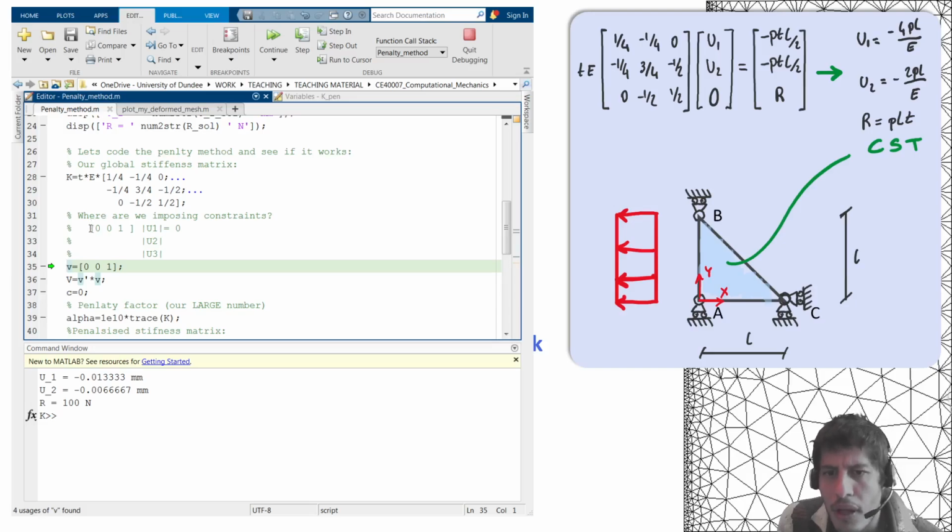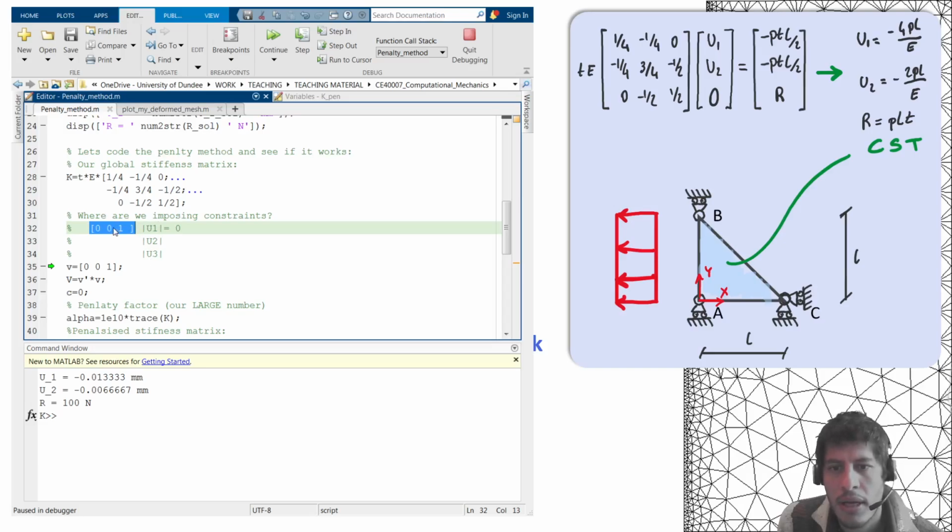So where are we imposing the constraints? It was on node 3. So basically the v vector is saying that 0 times u1 plus 0 times u2 plus 1 times u3, so u3 is equal to 0. So v is this vector here.